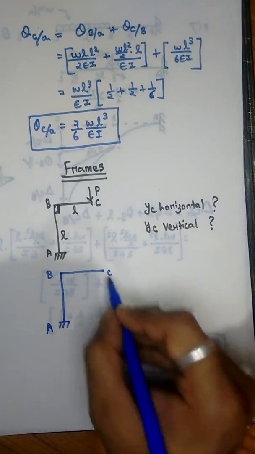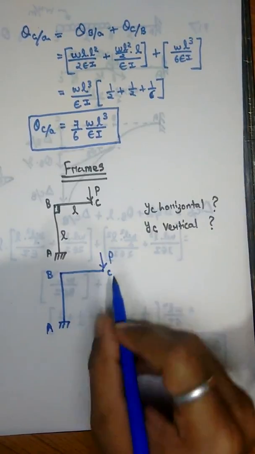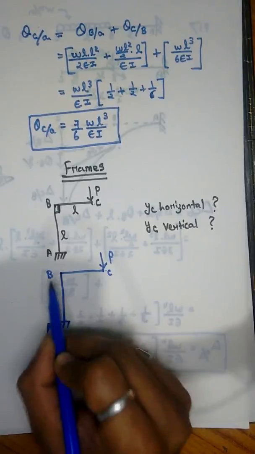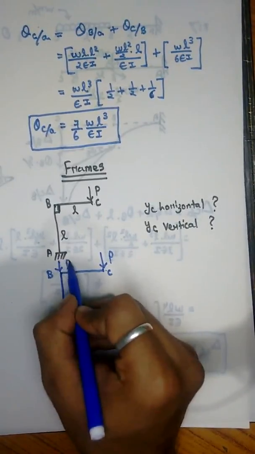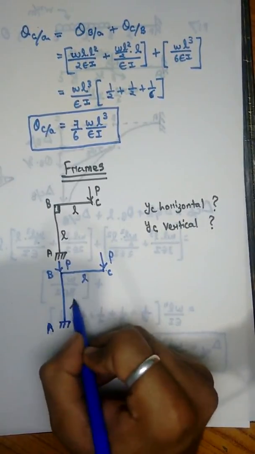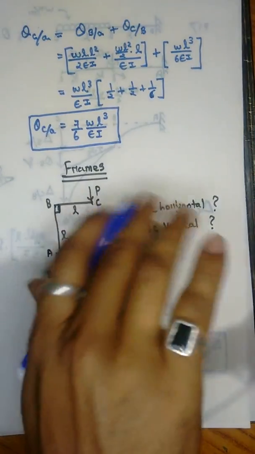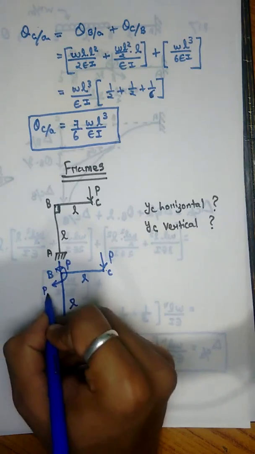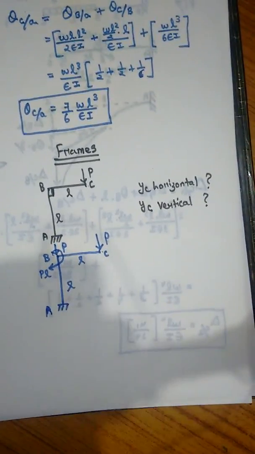This is our section. This is point load P. On shifting this point load from C to B, we get a point load P here and a moment equal to P into L in clockwise sense. The moment value is P into L.